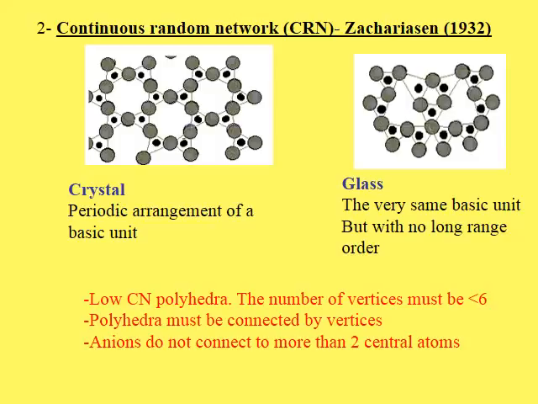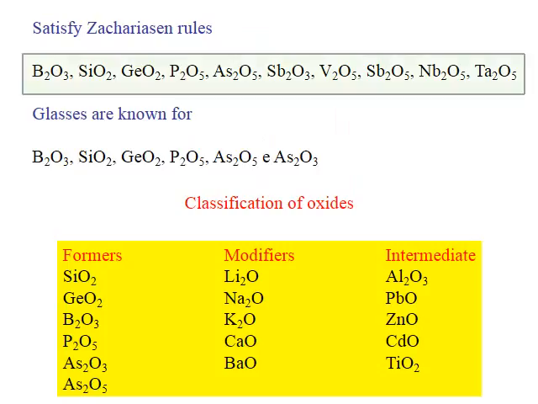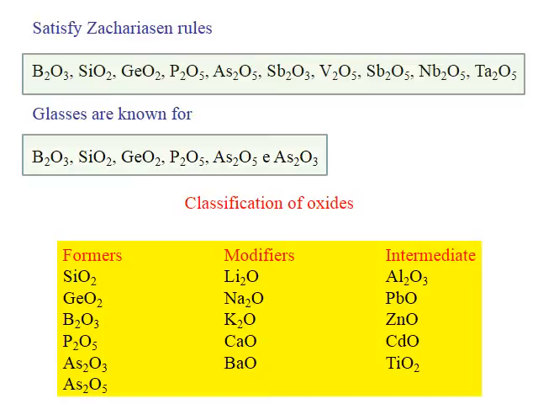Polyhedra must be connected by vertices. Anions do not connect to more than 2 central ions. These oxides satisfy Zachariasen rules. In fact, glasses are known for some of them. Following Zachariasen rules, this table shows formers, modifiers, and some intermediate ones.